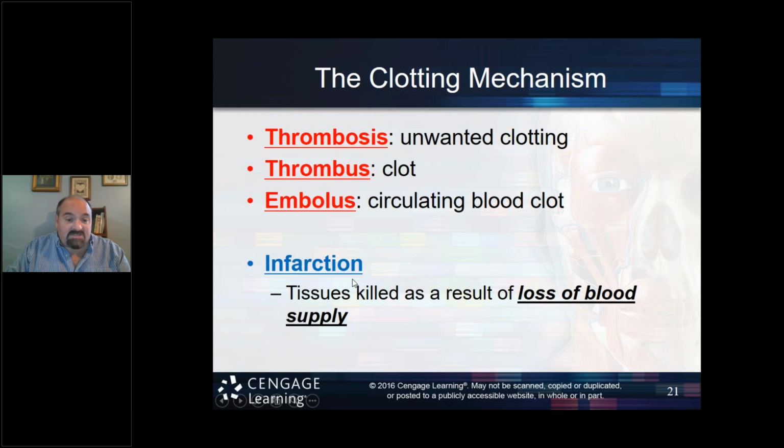Okay? So in the case of an infarction, tissues are killed as a result of loss of blood supply. So a clot can form within one of the blood vessels in the heart, and this can then stop the passage of blood distal to the clot, and this can lead to tissue death as a result.